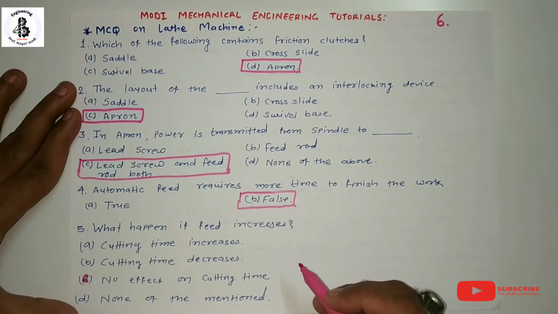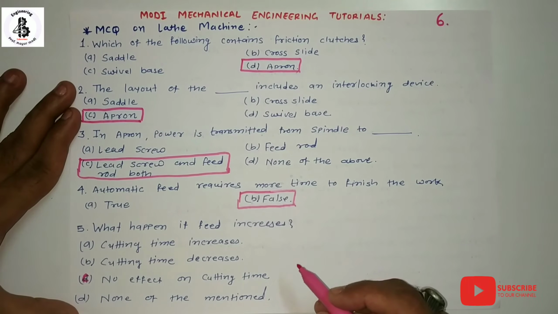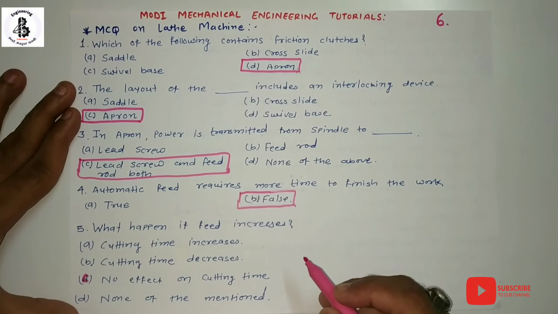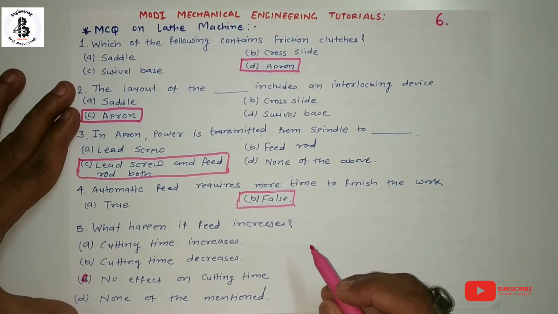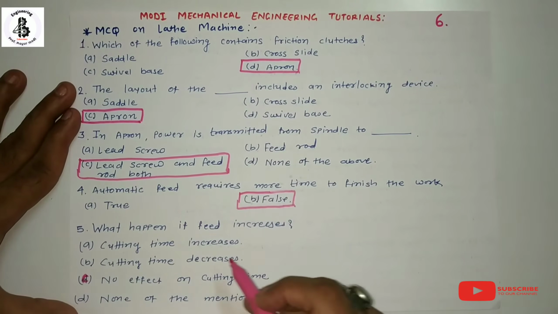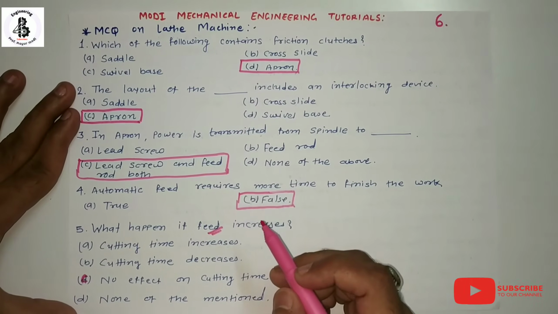If you want to learn in detail, you can find the link in my description for working parameters on lathe machines, and how the factors affect them. Feed is the most important part of any kind of machining.